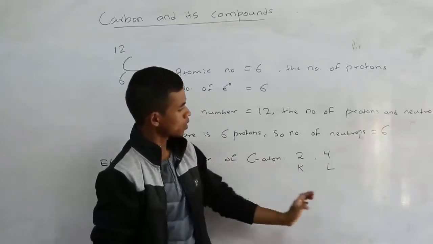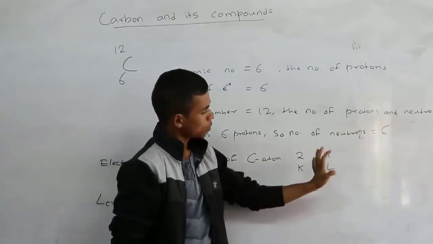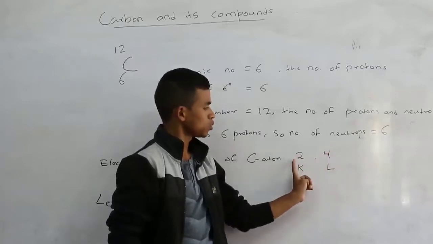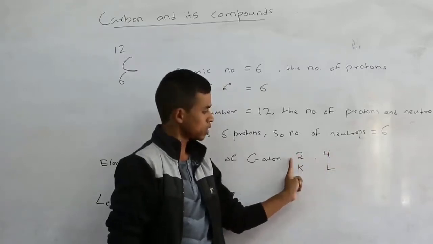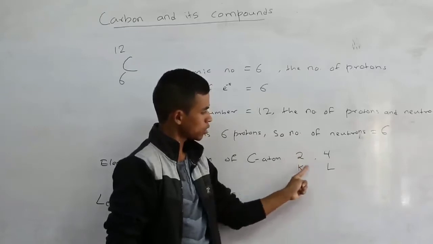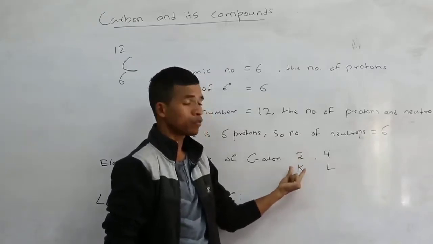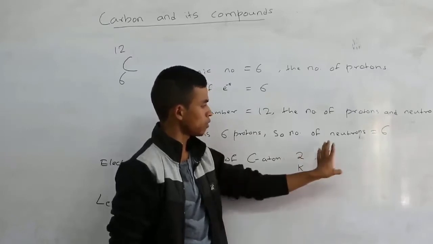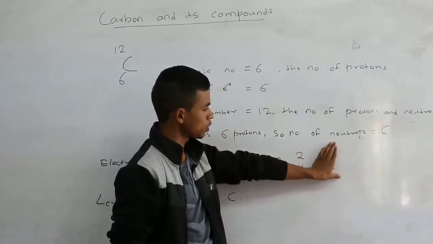Or, can carbon lose these 4 electrons so that it will have only 2 electrons? This shell, being the first shell, will follow the duplet rule. So it will be stable if it loses these 4 electrons.